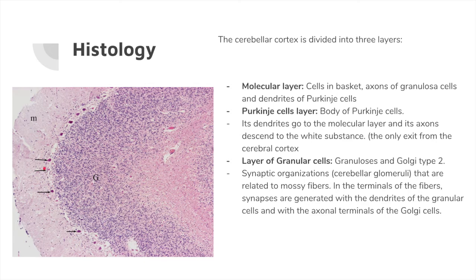So right here, these are the Purkinje cells, the biggest and most important cells of the cerebellum. And there are other types of cells in other layers, like the basket cells and the granule cells. The granular layer is called that way because it contains the granule cells.